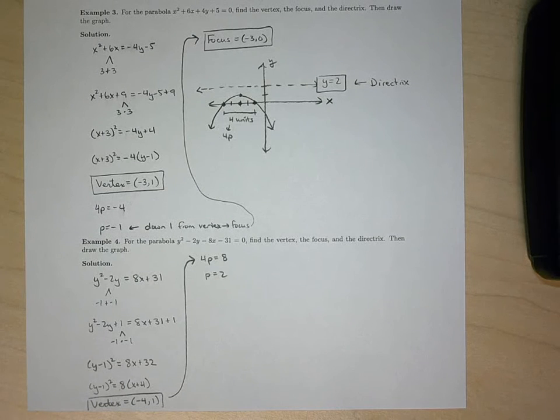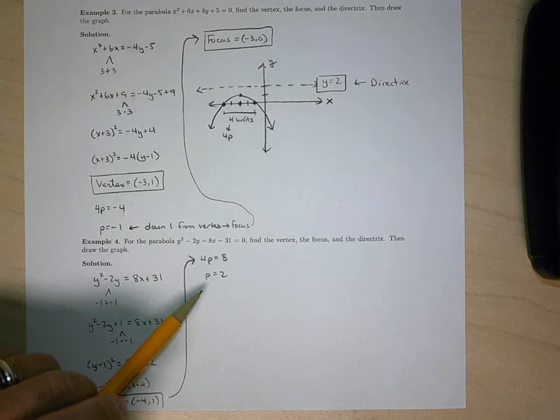So let's look at the features here. What does p tell us? So we have a y squared. That means the parabola opens horizontally. Since p is positive, we go in the positive horizontal direction, which is right.